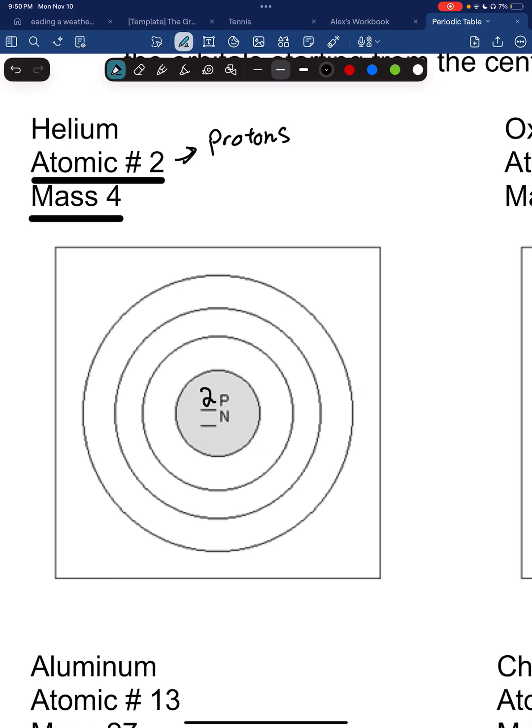Okay? Remember, your atomic mass is your protons plus your neutrons. Okay, so if I already have 2 protons, how many more do I need to get to a total of 4? Okay, that means we need to get 2 more neutrons in that center. Okay, if you can't think of it that way, that's okay.